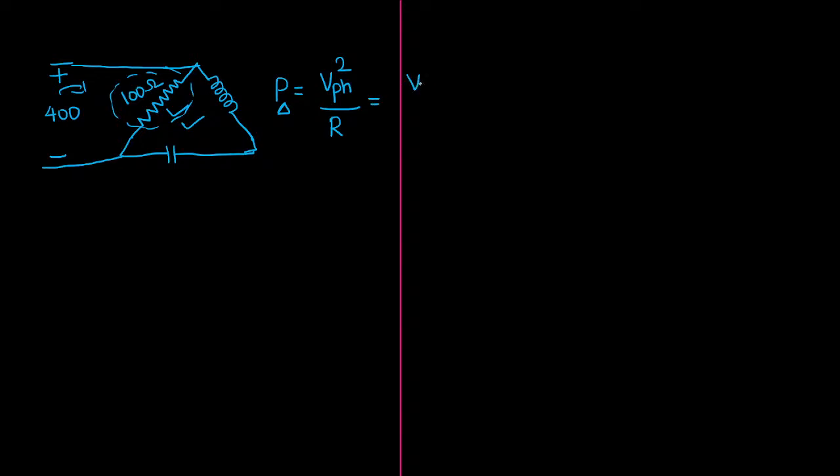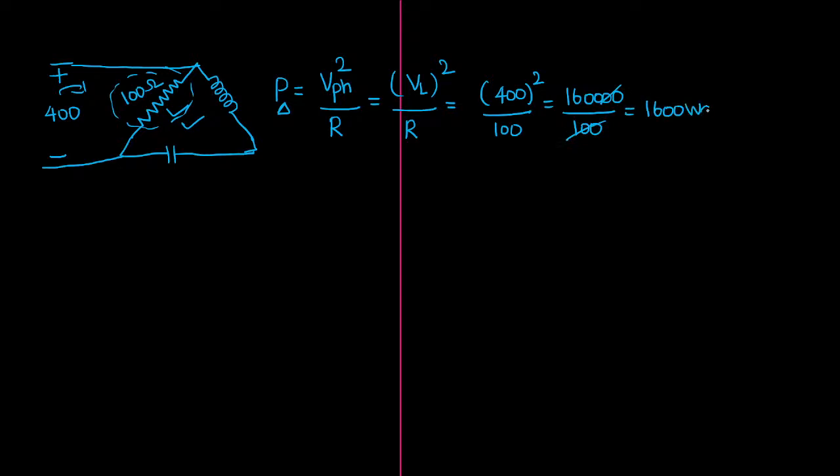We know phase voltage and line voltage are equal in delta connection, so it will be VL square by R. The line voltage here is 400. 400 square divided by 100 ohm is 160,000 upon 100 ohm, so the zeros cancel out. The total real power consumed by the unbalanced load is 1600 watts.